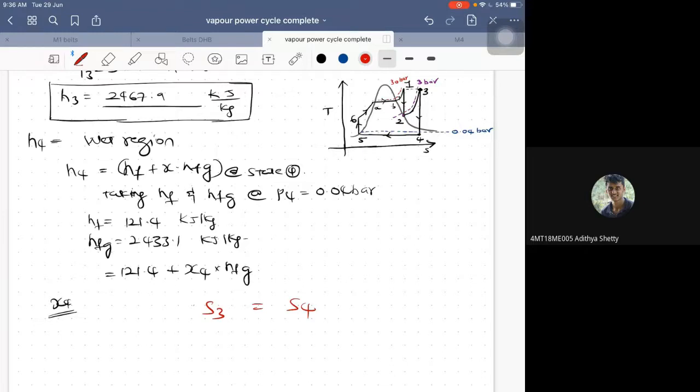Yes, sir. Now, S3, which region is it in? It is in the superheated region. So can I get the value of S3 directly from the steam tables for that particular pressure and temperature? P3 is equal to 3 bar and T3 is equal to 250 degrees centigrade.